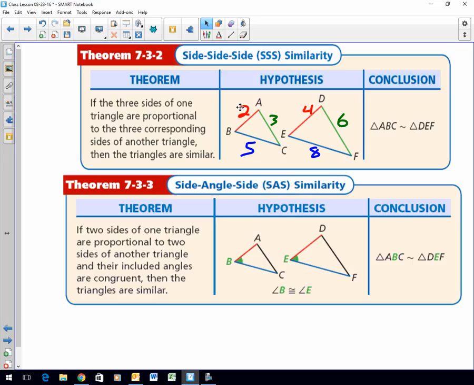Also, I can use side angle side similarity. Now, there's a key word in here. If 2 sides of one triangle are proportional to 2 sides of another triangle, and their included angles are congruent, then the triangles are similar.